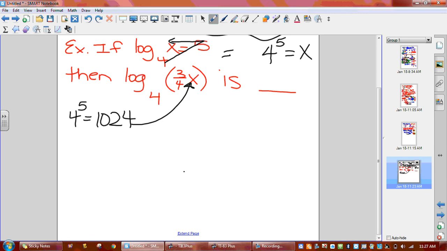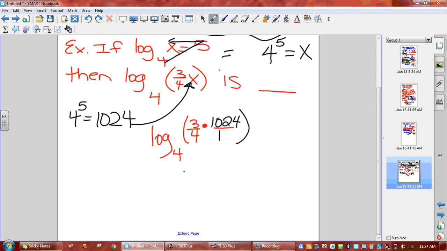We're substituting in the next question. So I write my question, log base 4 of 3/4 times x. Well, x I need to write as a fraction because my 3/4 is a fraction. Any number can be put into a fraction by putting over 1. So I'm going to put my 1024 here and close my bracket.